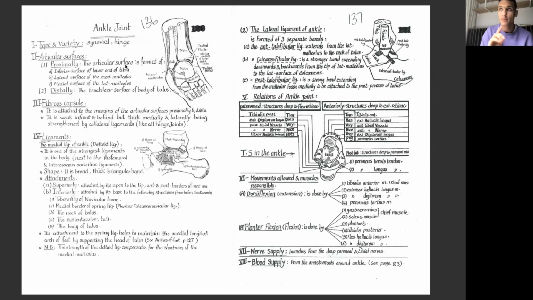Articular surfaces: it's between the medial malleolar process of the tibia and the medial articular surface of the talus, and this is where the tibia articulates medially with the talus.